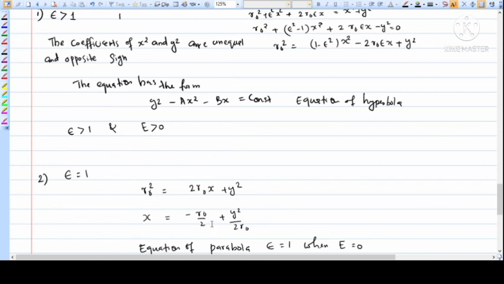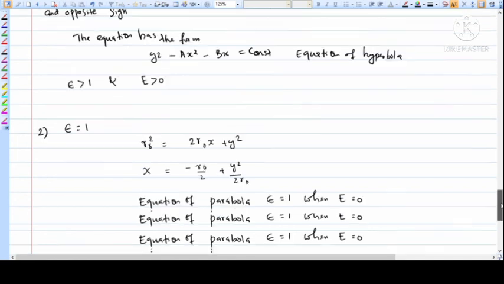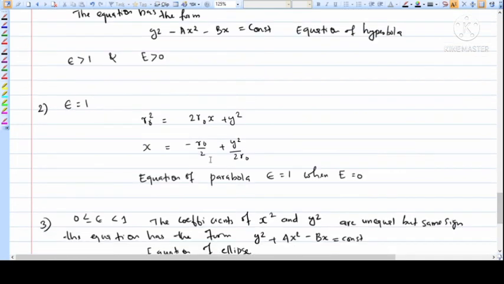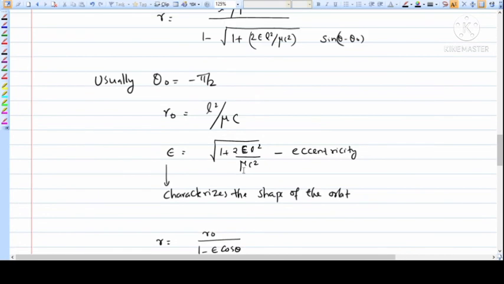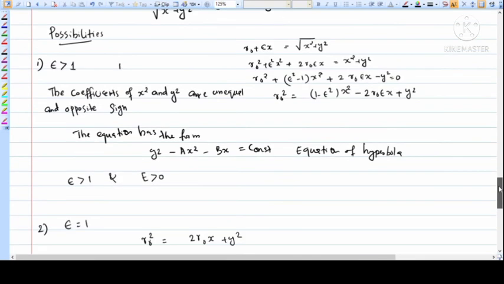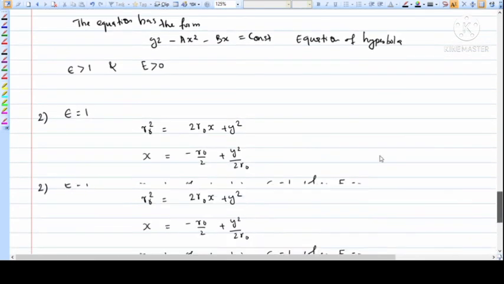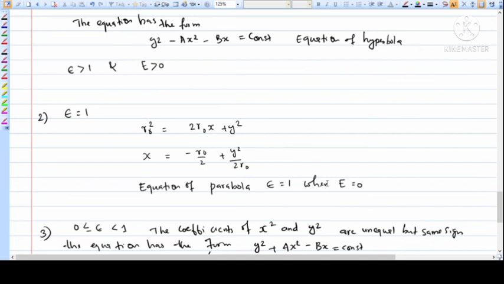So you have the value of epsilon is equal to 1 plus 2 E L square by mu c square, and when epsilon is greater than 1, this E must be positive, greater than 0. For this, epsilon is greater than 1, and this is the equation for a hyperbola. So this is the condition for a hyperbolic orbit.